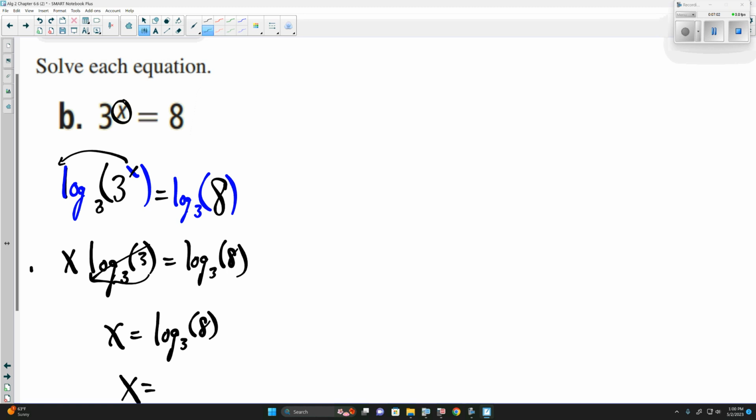Twice is 3 squared, 3 times 3, which is 9. So 9 is bigger than 8. So we should expect x's value to be smaller than 2, but not by a lot.